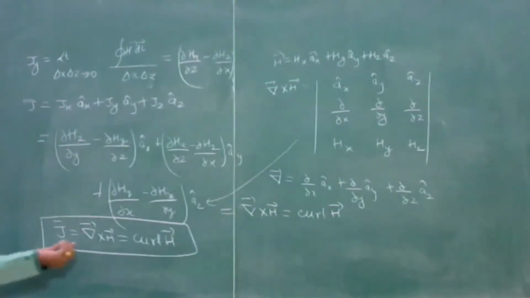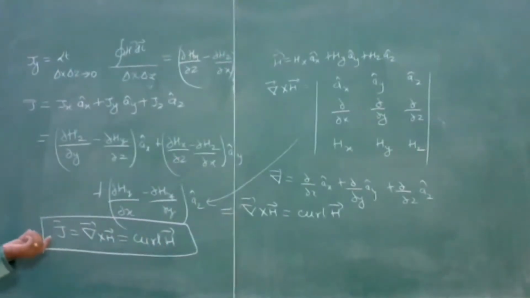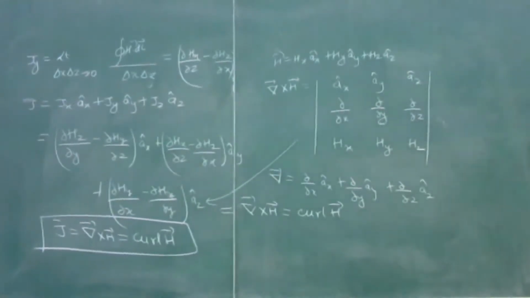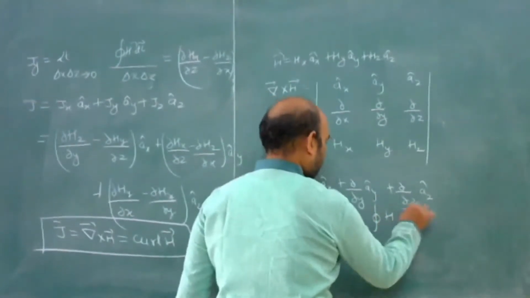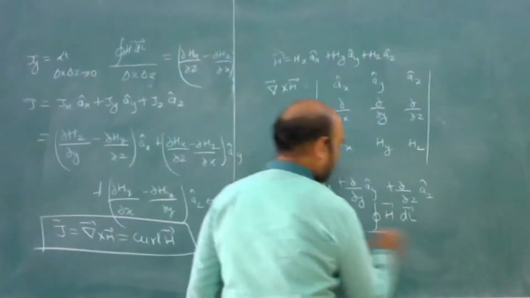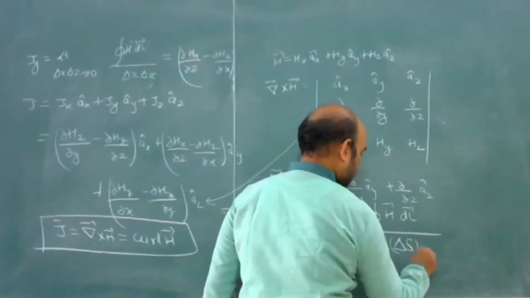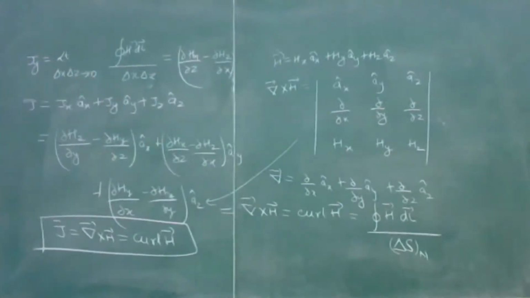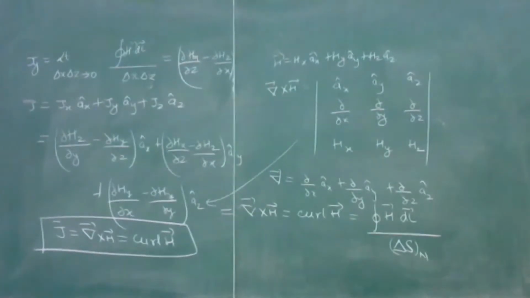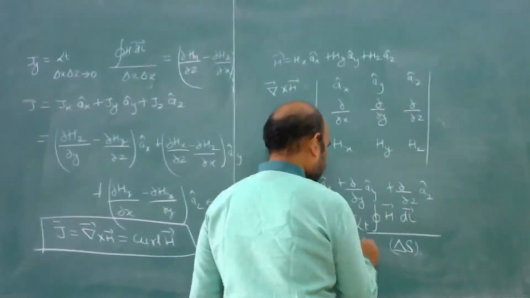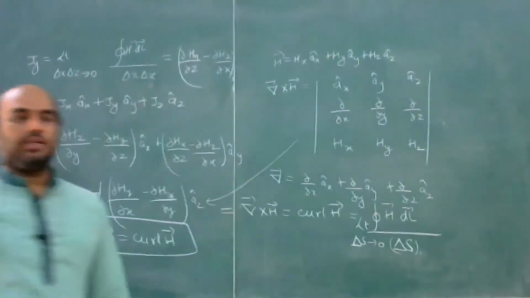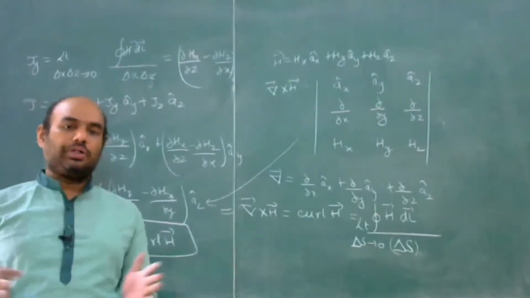This is the relationship between magnetic field intensity H and current density J. Okay, so curl of H is also equal to the closed line integral of H dot dl divided by delta S, the area, in the limit delta S tends to zero, so the surface area is very small and shrinking towards a point.